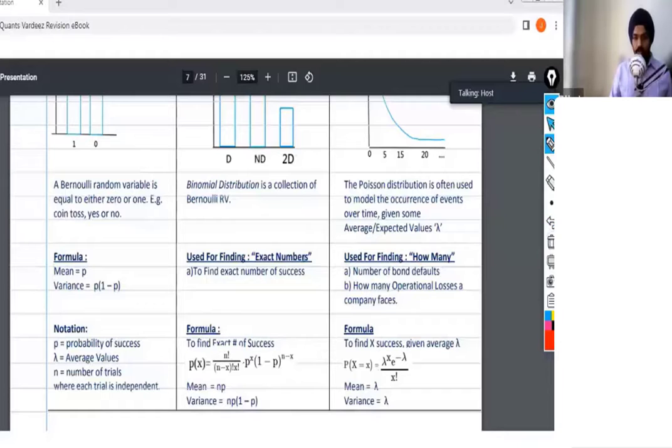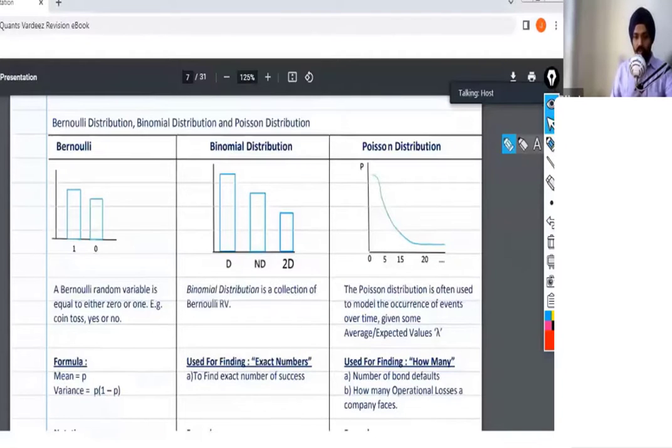What about a Poisson distribution? When do we use this kind of distribution? A Poisson distribution is often used to model the occurrence of events over some period of time, provided, make sure that you know it, given some average or expected value lambda.